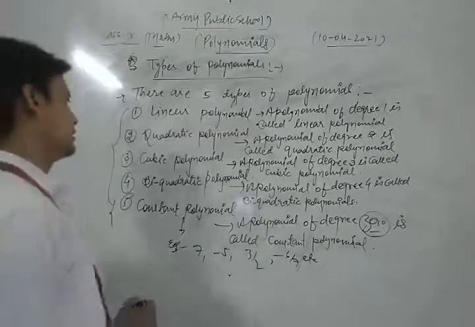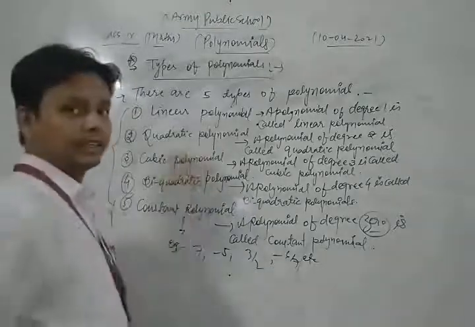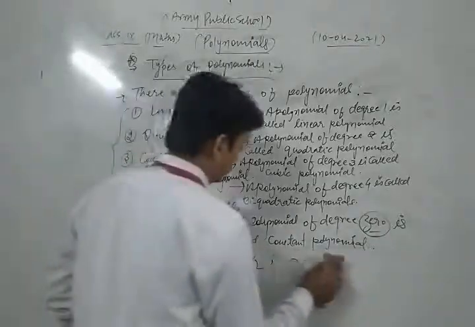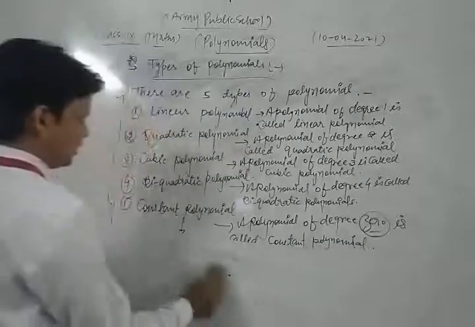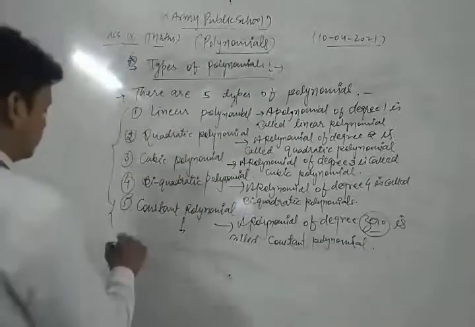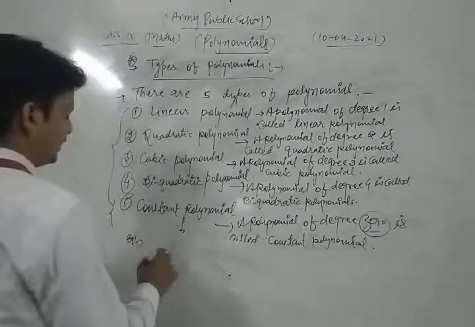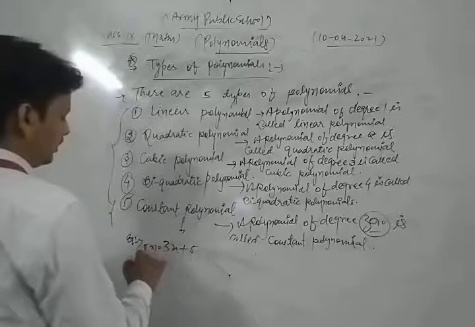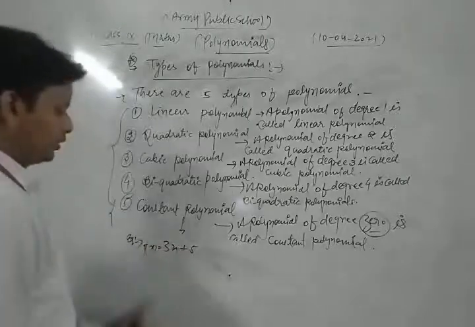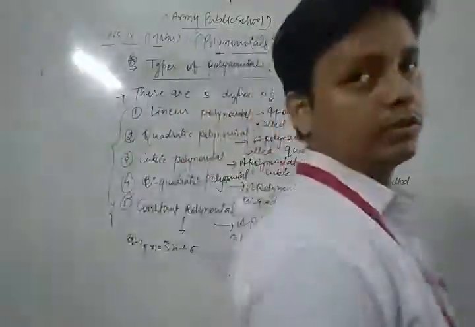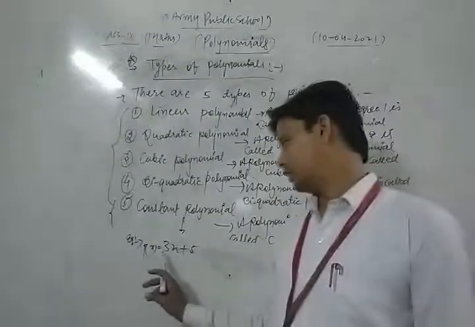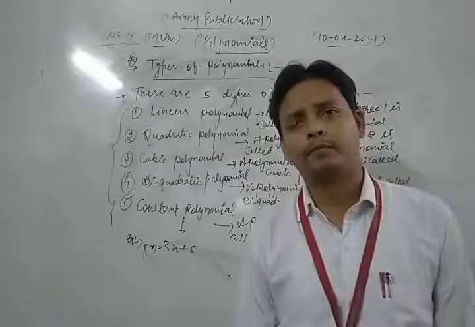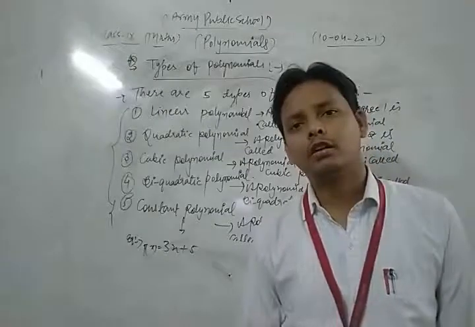Now if we discuss linear, suppose we write a polynomial p(x) = 3x + 5. 3x + 5 is your linear polynomial.